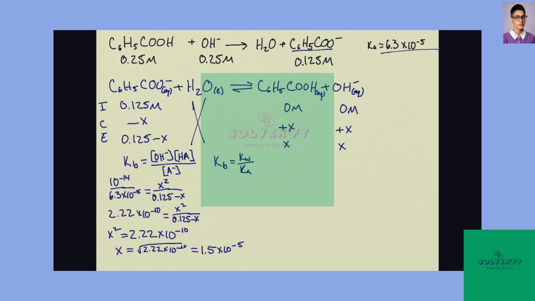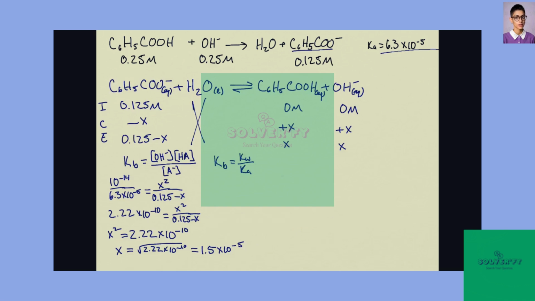Really quickly, checking our assumption, 0.125 minus 0.000015, which is x, is still going to be equal to 0.125. This means that our assumption holds true, so it is a valid assumption.